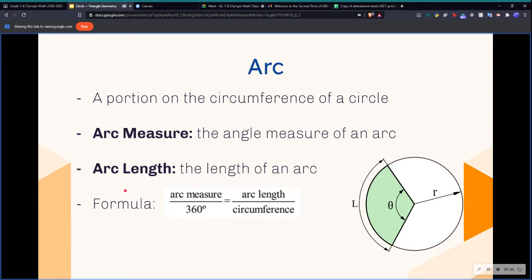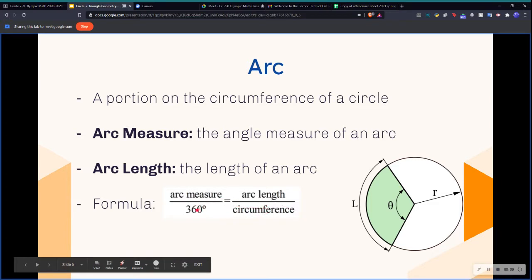And then we have a formula that relates arc length and arc measure right here. Basically what this states is that the ratio between arc measure and the full rotation, or 360 degrees, arc measure divided by 360 degrees, is equal to arc length divided by circumference. And you can probably understand why. 360 degrees is a full rotation, and circumference you can also think of as a full rotation.